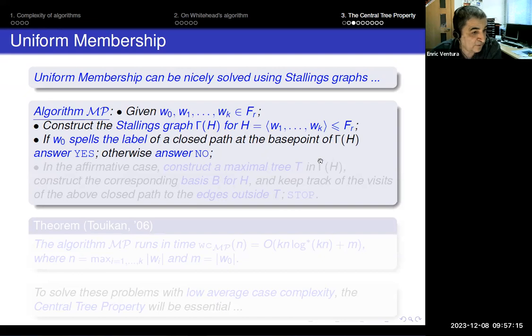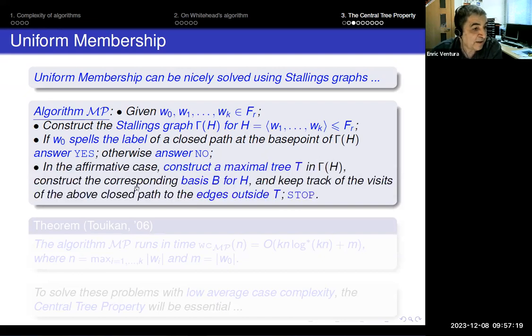If you can do it, then you belong to H, and if not, you don't. And at the same time, if you read the label of a closed path at the base point, you can choose a maximal tree from the Stallings graph, construct the corresponding basis whose elements are in bijection with the edges outside the maximal tree, and then the path spelling your W0.